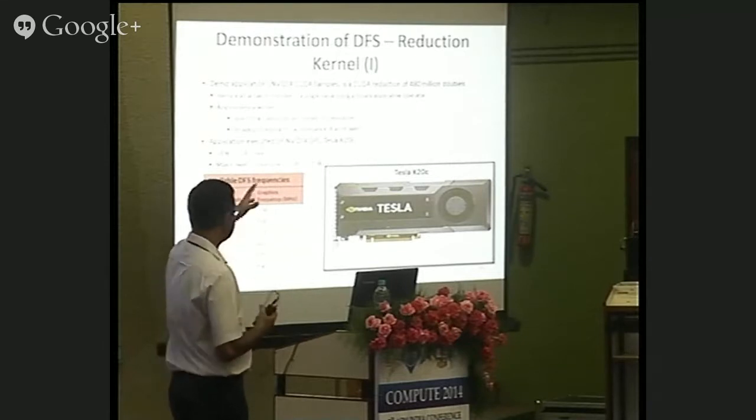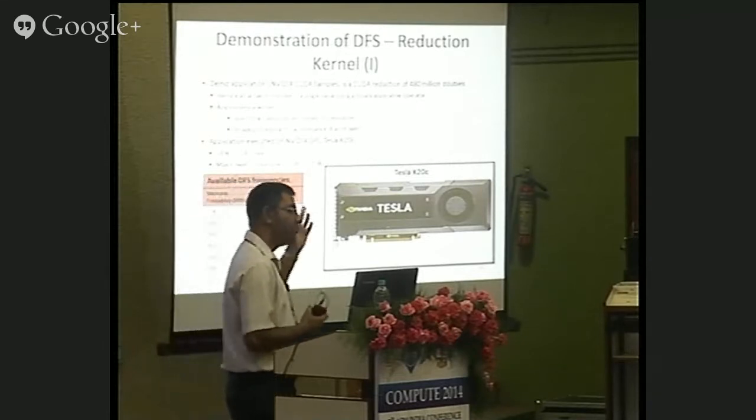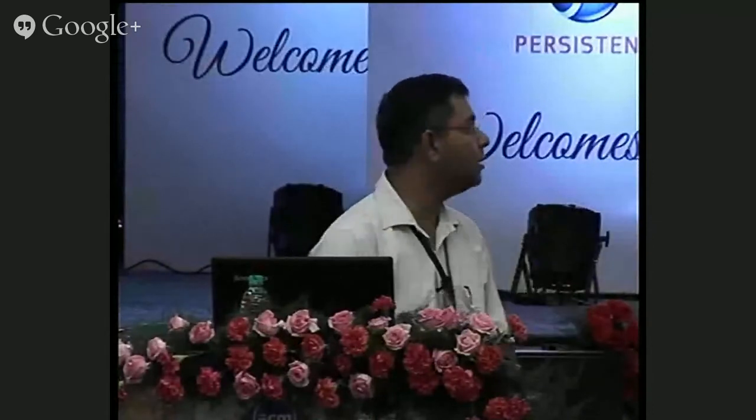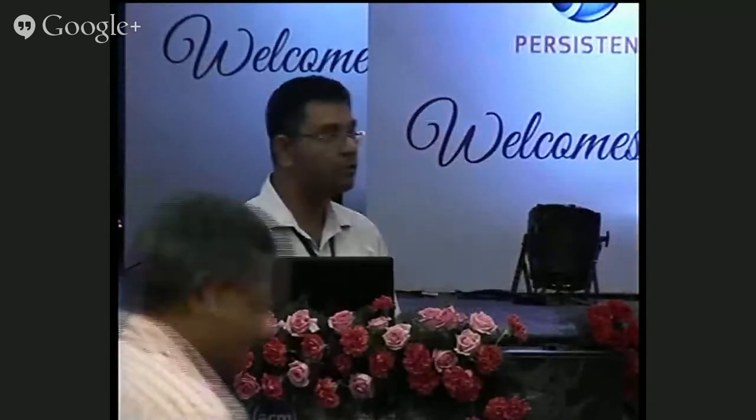Since this is a reduction operation, it is more of a memory-bound operation rather than compute-bound. Therefore, we can reduce the frequency of these graphics cores and save power without hurting the performance too much. If you look at the reduction kernels supplied by NVIDIA, there are different reduction kernels, from the least optimized to the most optimized.